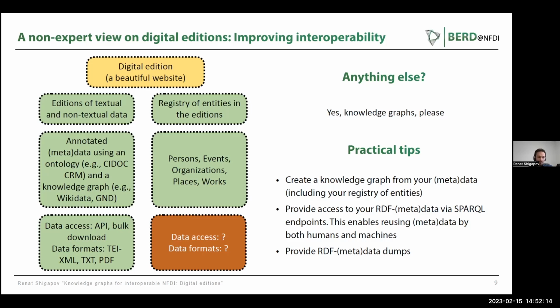That's a relatively tiny step, but it will enable reusing the metadata of your digital edition by both humans and machines. So it will make your metadata and registry FAIR. And then you can additionally provide RDF metadata dumps, which would be great. Those are my 2 cents.